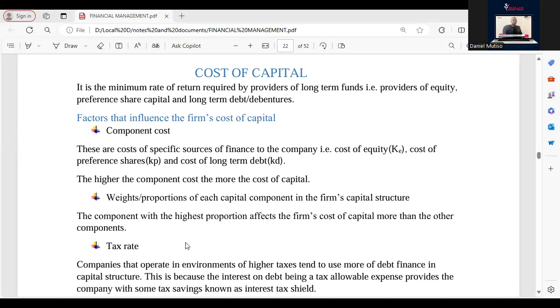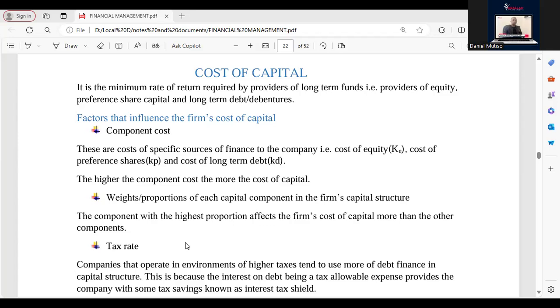And based on the financing standards, we can get funds from three sources. One, equity, where we talk about the cost of equity. We talk about the cost of preference share capital, and also long-term debt and debentures, right?